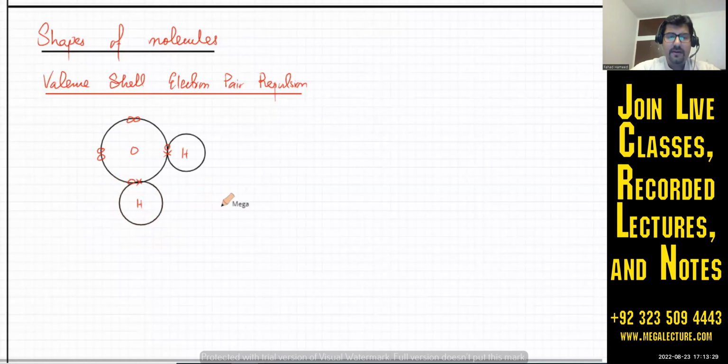If you look at oxygen, remember, we were talking about the valence shell. The oxygen atom has bonds, so they are bonded electrons, and it's got lone pairs as well.